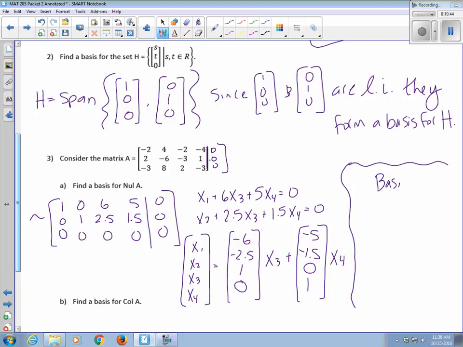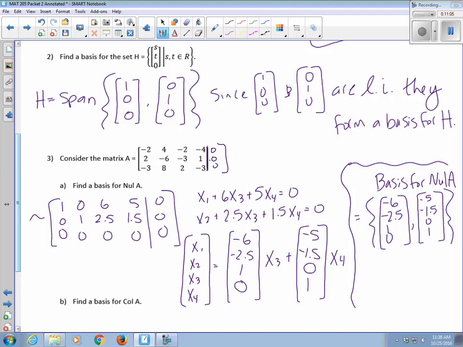The basis for null A is these two vectors. So a basis is always just a list of vectors. It's a list of vectors whose span is the entire space and is linearly independent.